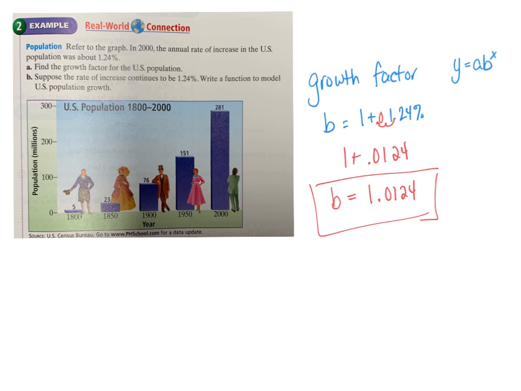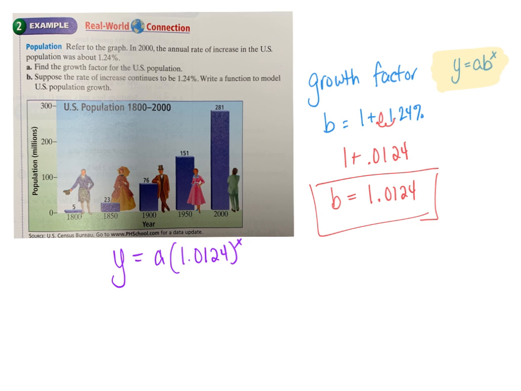All right. Write a function. Now, my exponential functions, we just said, are always in this form right here. Y equals a b to the x. All right. And so I now know what my b is. I just solved for it. Y equals a times 1.0124 to the x, all right?